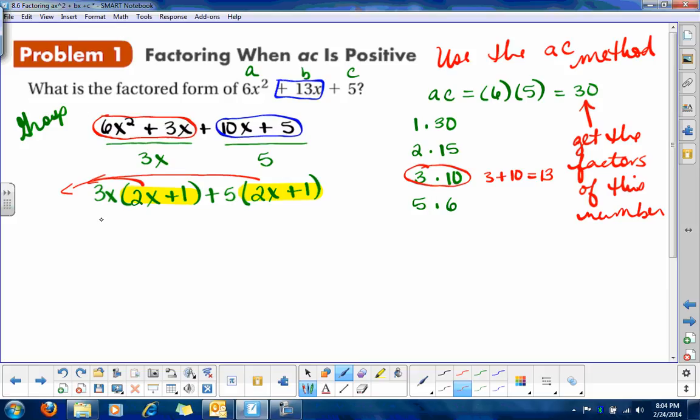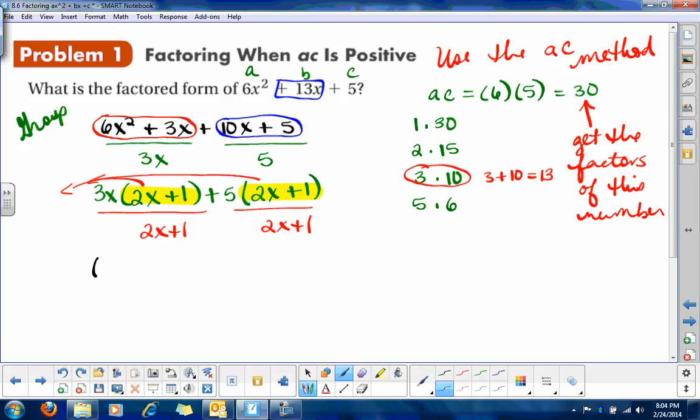We're factoring out the 2x plus 1. So we're going to factor out this 2x plus 1 and this 2x plus 1. Okay, so when we do that, the 2x plus 1 goes on the outside of the parentheses. Let me write that in a different color.